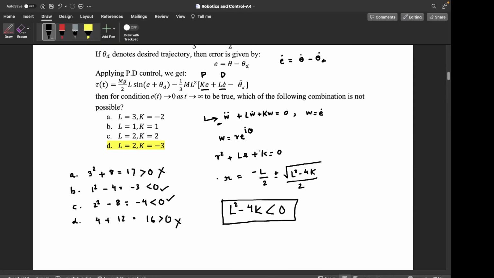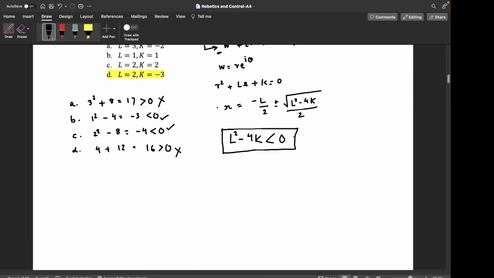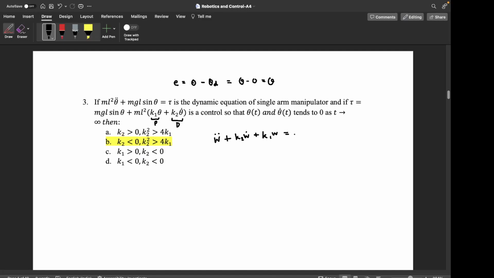So again we write the same expression, in place of k and l, here it is k2 and k1, equal to 0. w is equal to e dot, and e dot is equal to theta dot.